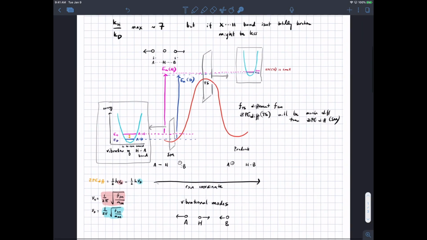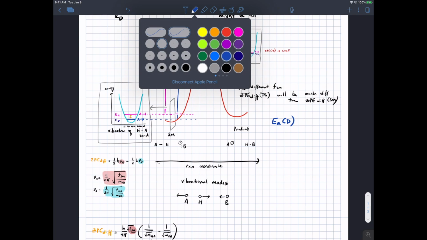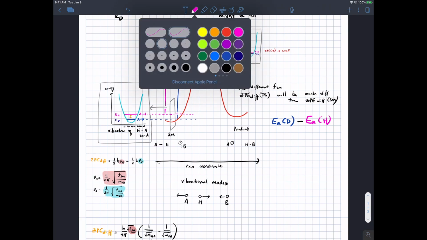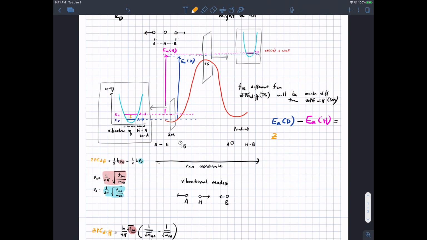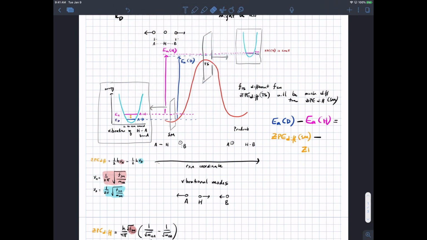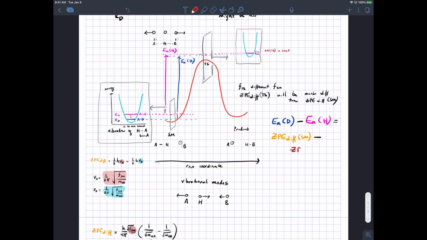But it turns out that if we compare that difference in activation energy, if we do activation energy for deuterium minus the activation energy for a proton, mathematically, that's exactly the same as taking the zero point energy difference in the starting material minus the zero point energy difference in the transition state.